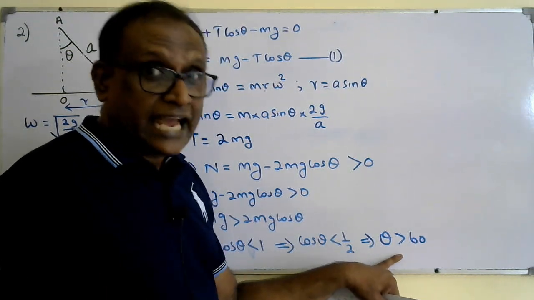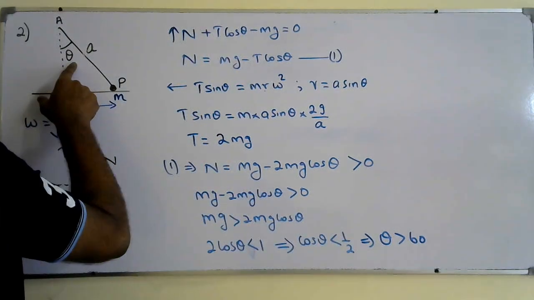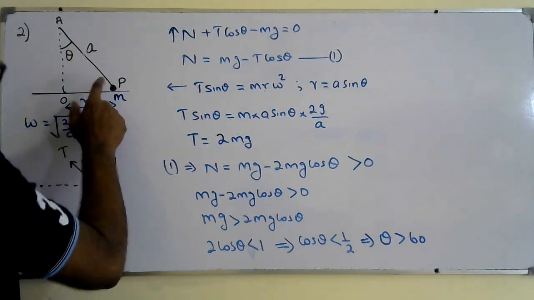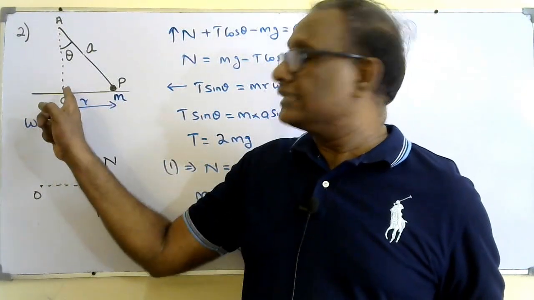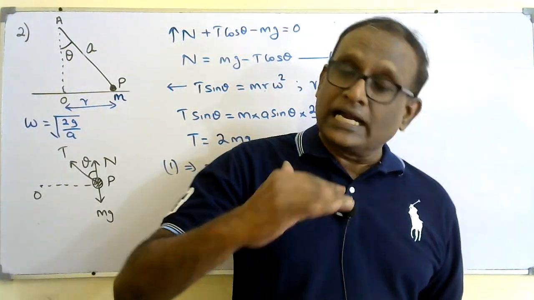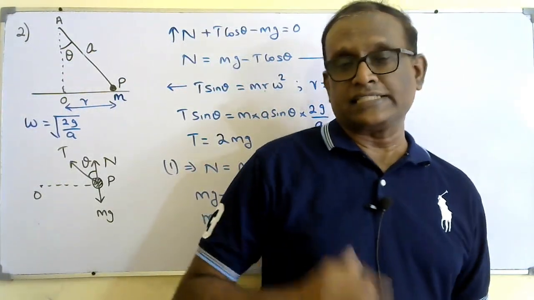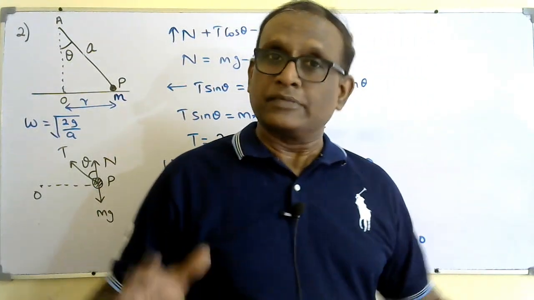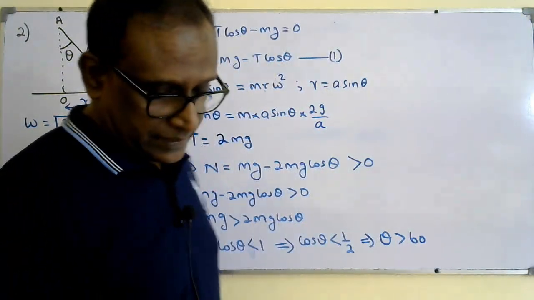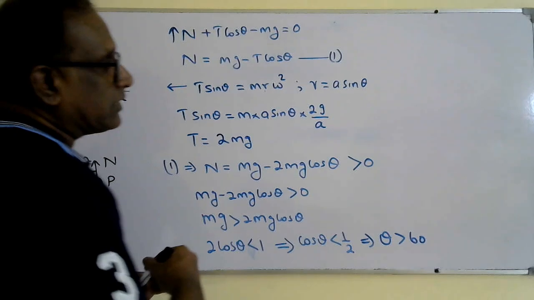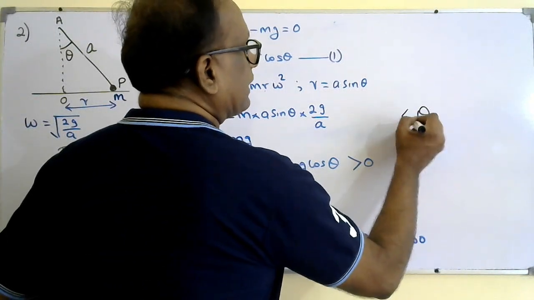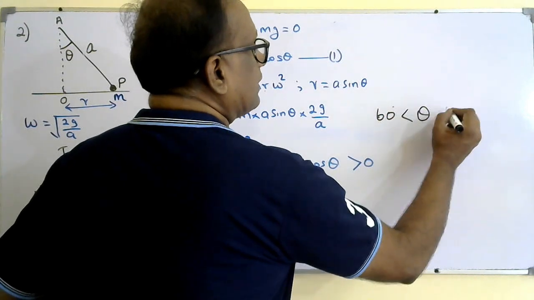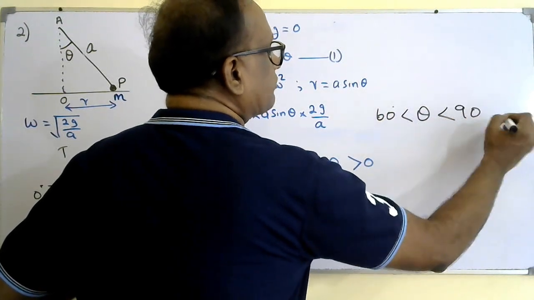Already I explained it cannot be 90, because if particle P wants to touch the table, A must touch the O. That means we can't say A is above O. The question says A is above O, so it won't happen. So theta must be less than 90 degrees. So the final range we can write: theta must be greater than 60 degrees, less than 90 degrees. This is the final answer.